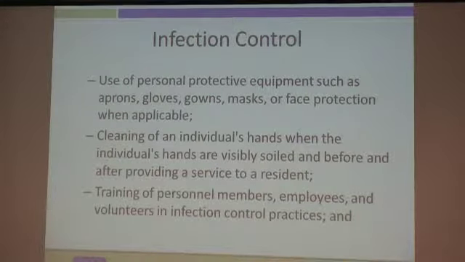Use of personal protective equipment such as aprons, gloves, gowns, masks. Cleaning of individuals' hands when visibly soiled, before and after providing services to the resident. And training of personnel, employees, and volunteers in infection control practices.